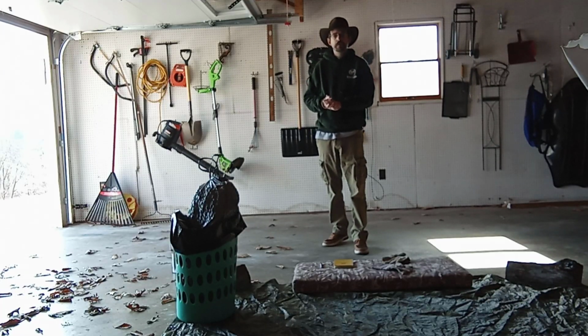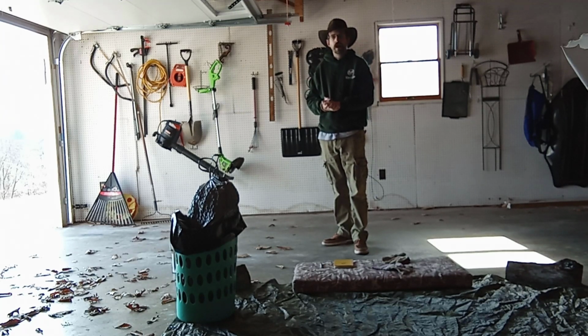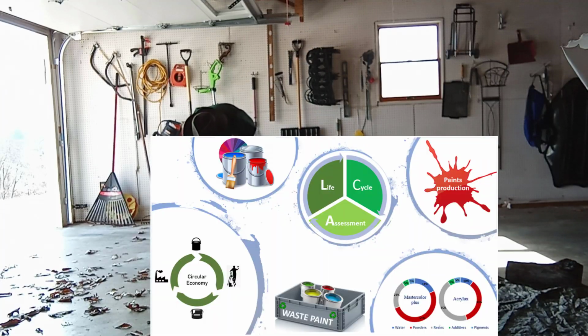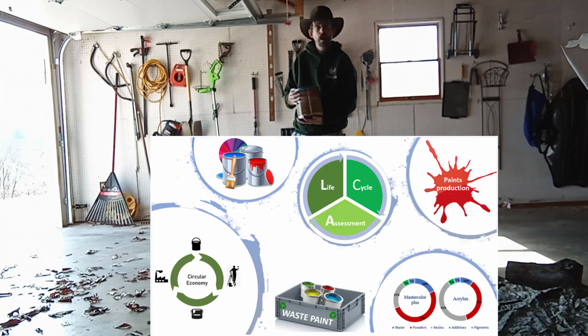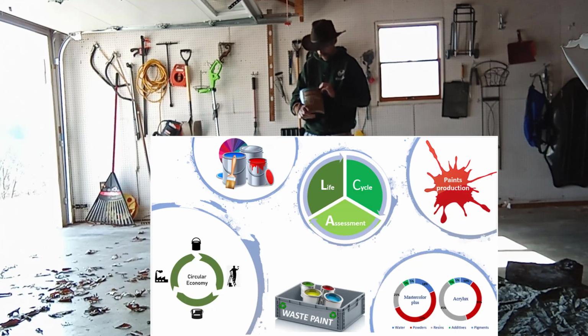Sustainability can be tracked all the way into what we use as individuals. For an example, I have a can of paint right here. I'm currently remodeling portions of my house, and I selected this color of paint. But when I look at this can of paint, there is sustainability in this can of paint.